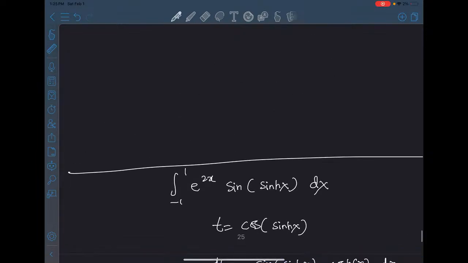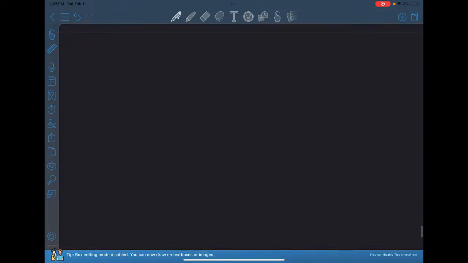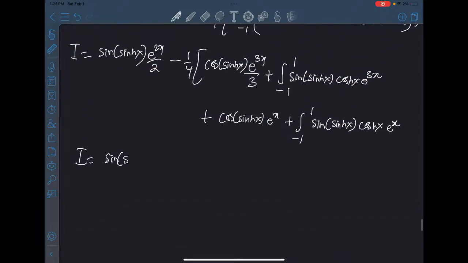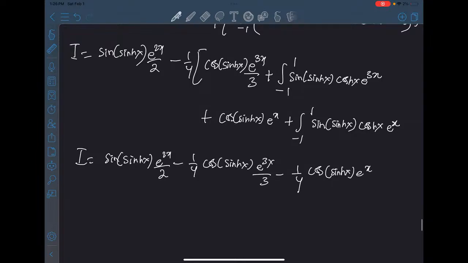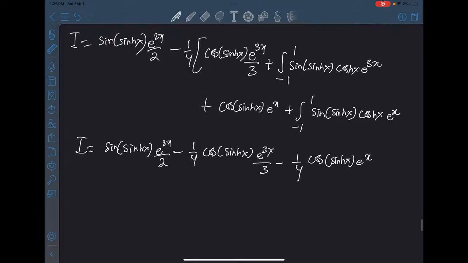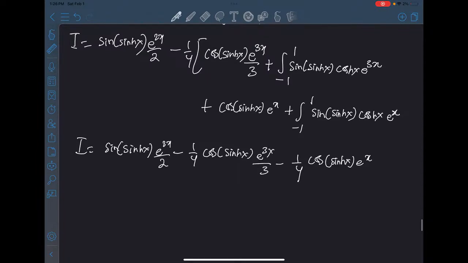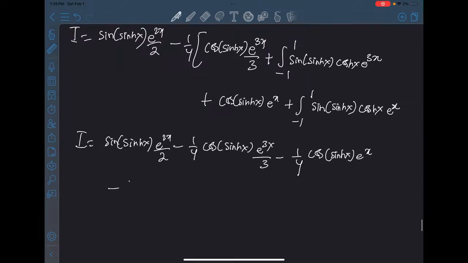Okay, seems like he isn't there. So let me go on with this way. I'm just trying to see if it somehow cancels and manages to get solved. I'm not sure though. Cos of sin x, e to the power 3x by 3, minus 1 by 4 cos of sin x, e to the power x, and then again, just like previously, 1 by 4 from minus 1 to 1 of sine of sin x.